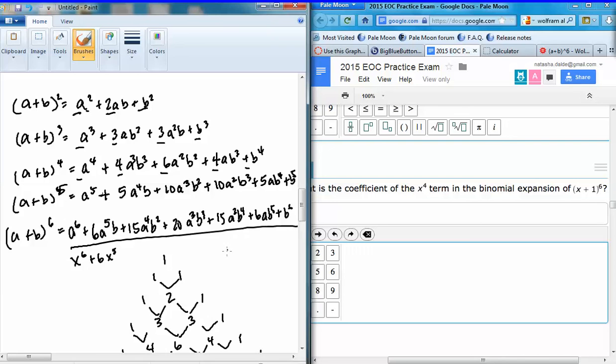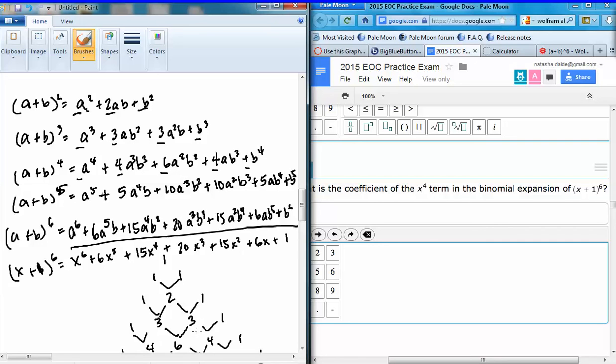But I don't even need to write the b's down because 1 squared, 1 cubed, 1 to the fourth power, they're all the same number. It's just 1, and when you multiply by 1, you don't even need to write it down. So I have 15x to the fourth power plus 20x cubed plus 15x squared plus 6x plus the number 1. That's what would happen if I'm using a as x and b as 1.